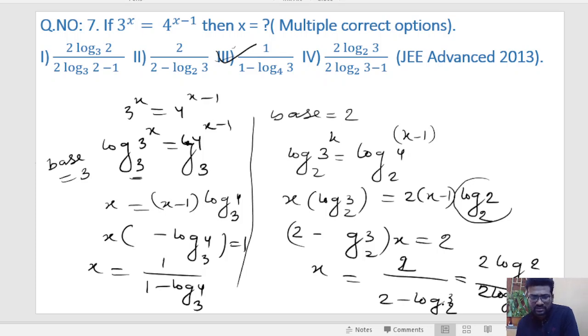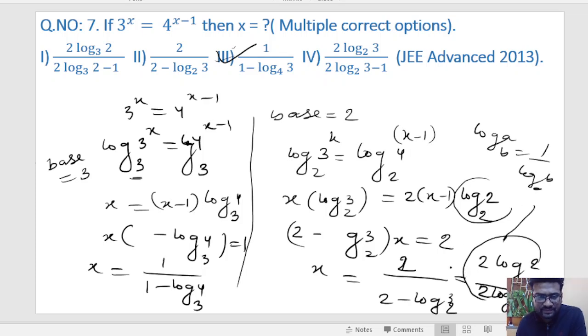We can write this portion because of the formula: log of a base b equals 1 by log b base a. Putting this formula, we can get the result. This is option 3 and option 1. Okay, so this is the multiple correct option question.